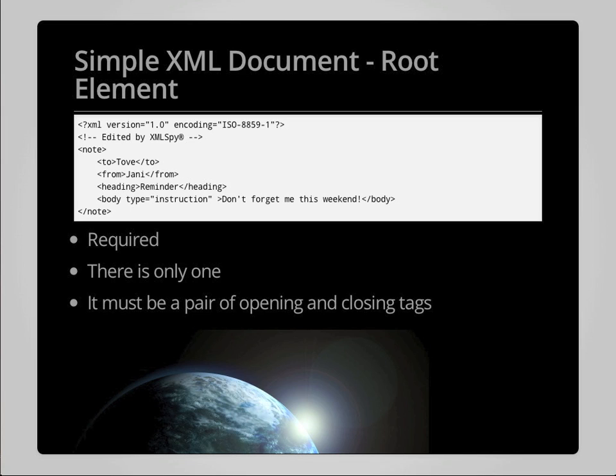Second, there is only allowed to be one root element. And third, it must be represented by a pair of opening and closing tags. So in our document that we're looking at here, this is the opening element of our root, and this is its corresponding closing element at the end of the document.